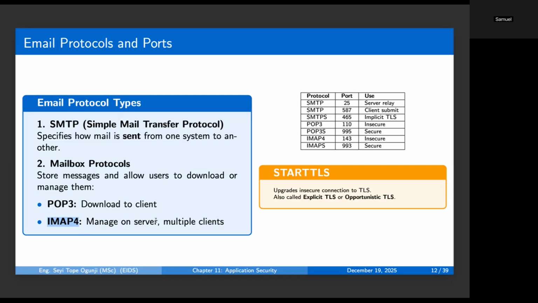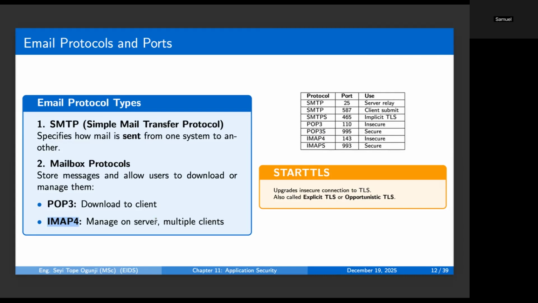It keeps mail on the server, and with that you can check from multiple devices. The other one, POP3, downloads it to your computer, meaning once you download it you can read it. But with IMAP4, the mail stays on the server, and you can use multiple devices to check it on that server. It means this protocol is device agnostic, so it supports many devices.